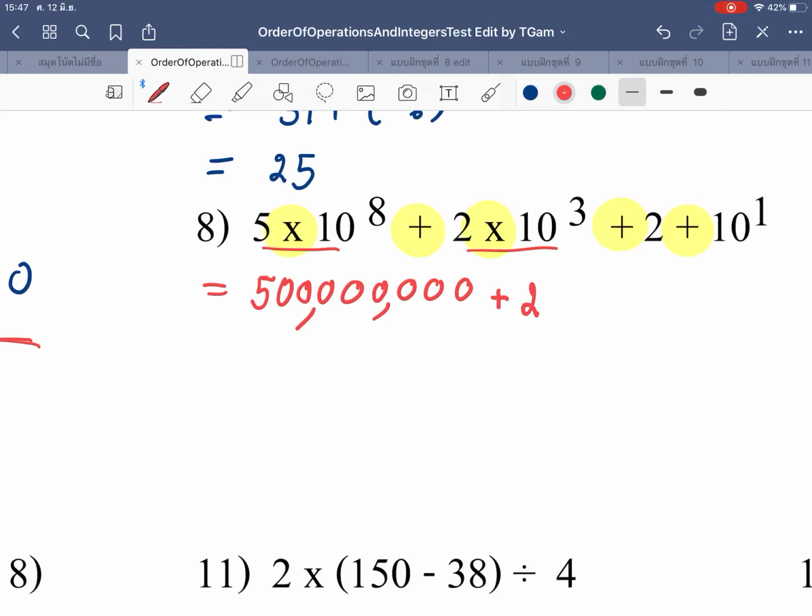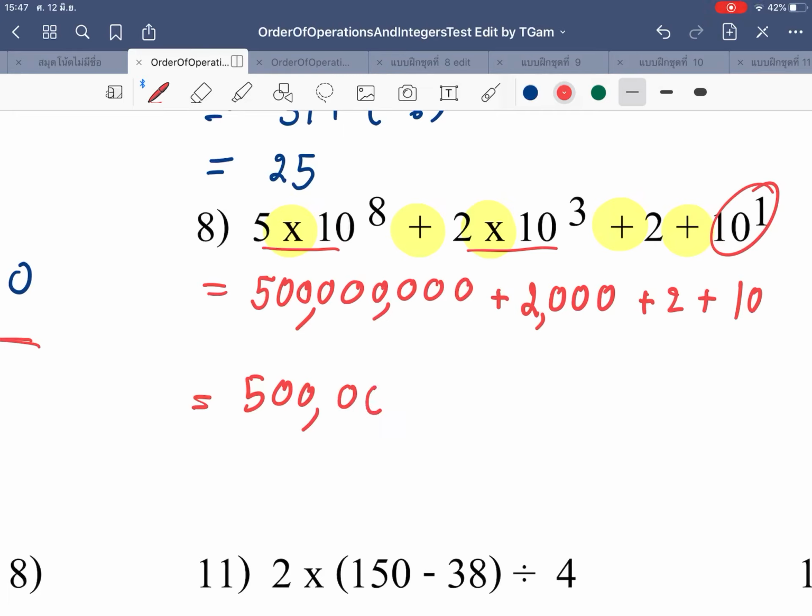Add 2 followed by 3 zeros, so 2000. Add 2, add 10 to the power 1 is 10. So we just write 500 million, 2012.